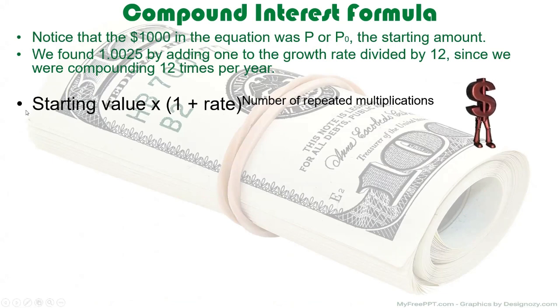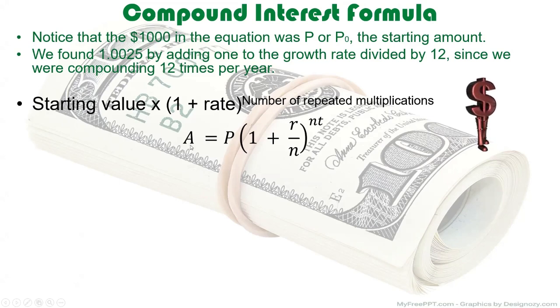So our starting value, which was our principal, would be times bracket 1 plus the rate, which is the APR, and the number of times it is repeated would be the power, okay? It's not multiplication, it's the number of times the multiplication is repeated. It's called the power.